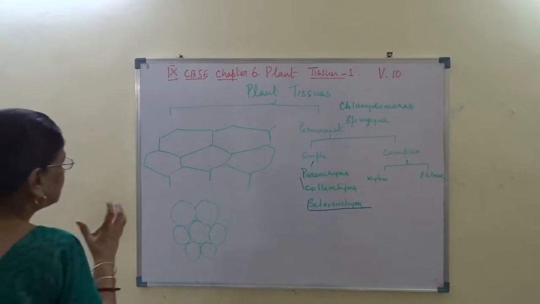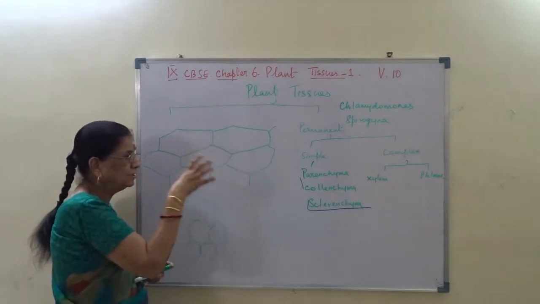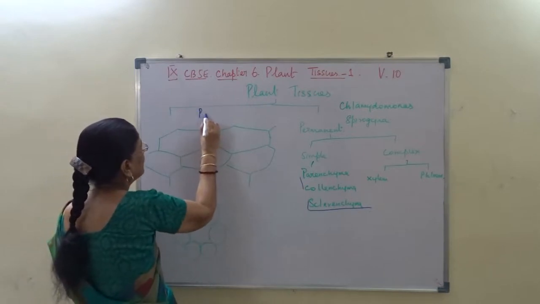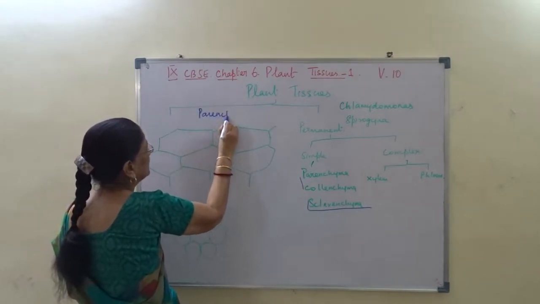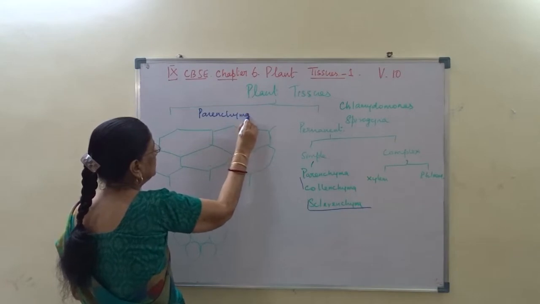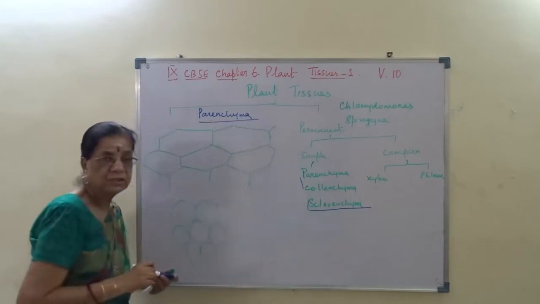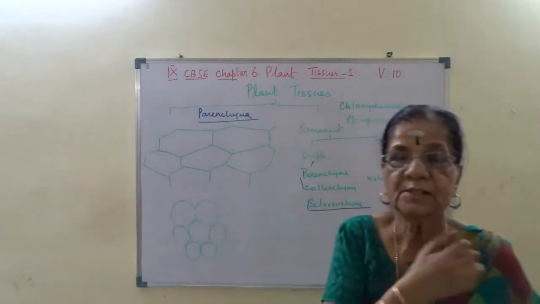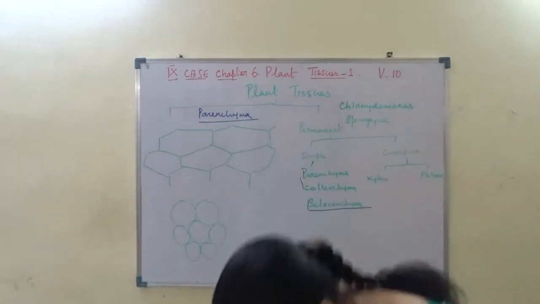The first one is the parenchyma. What you are seeing now is parenchyma tissue. Now we are going to learn the characteristic features of parenchyma tissue.